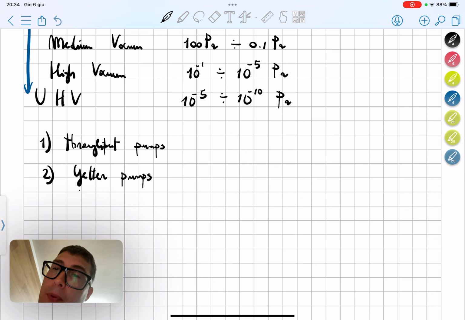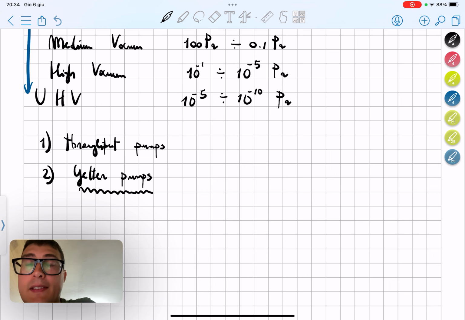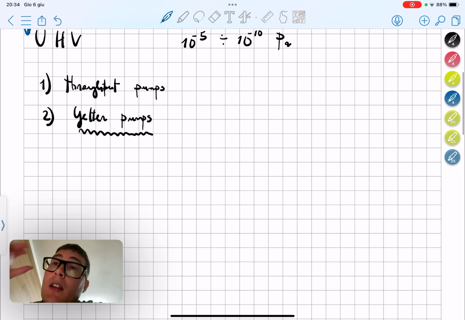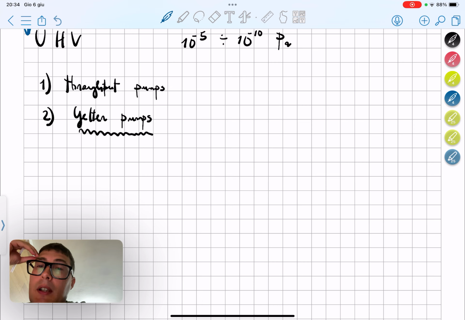So getter pumps are specialized in this type of physical process of absorption in particular, whereas throughput pumps are related to the mechanical dragging of the gases. So it's more related to the things that we've seen about the throughput.